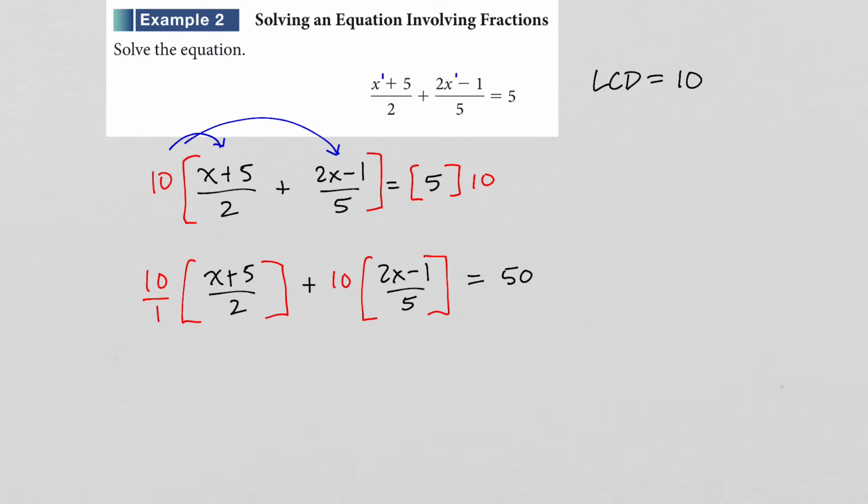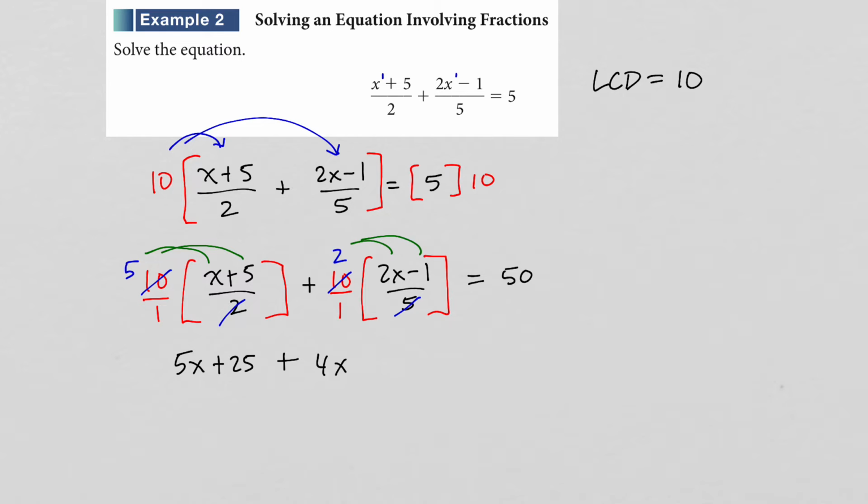Thinking of 10 as 10 over 1, we can see that 2 divides into 10 evenly 5 times, and 5 divides into 10 2 times. And then we're going to distribute what we have left. So this gives us 5x plus 25 plus 2 times 2x is 4x.